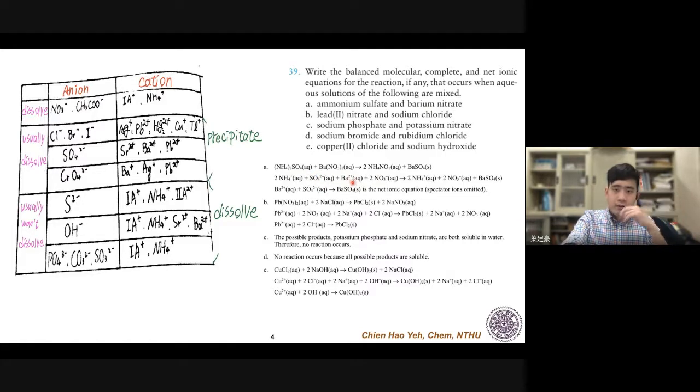We know from the chart that when the sulfate ion meets the barium ion, Ba over here, the precipitation will happen, which means they will form a solid and sink underneath the cup of mixture. So the barium sulfate will come out over here.